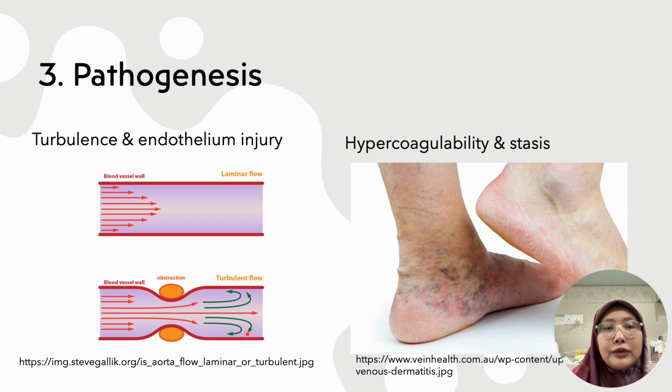This turbulent flow can cause endothelial injuries. In venous thrombosis, it is due to hypercoagulability and blood stasis, for example in varicose veins. Because of the varicose veins, the blood is static in the lower limbs, so it can lead to venous thrombosis.